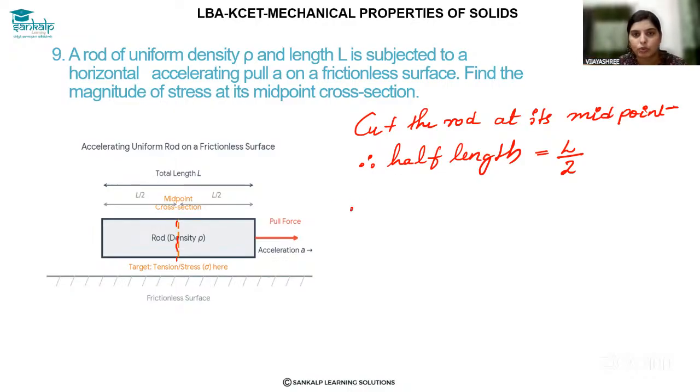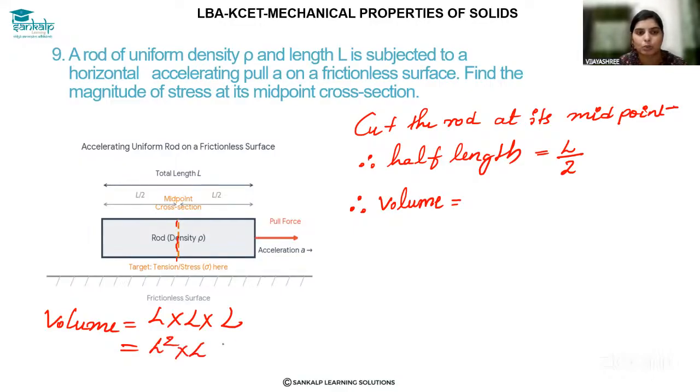So what does the volume become? Volume is equal to area into L. The cross section area remains the same when we cut the rod at the midpoint, but the length becomes half.